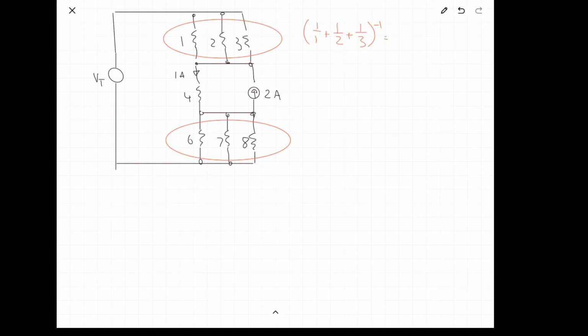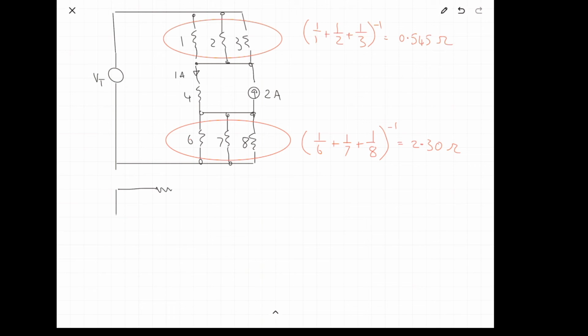And that equals 0.545 ohms. This one, we have 1 on 6, plus 1 on 7, plus 1 on 8, inverted, and that gives us 2.30 ohms.